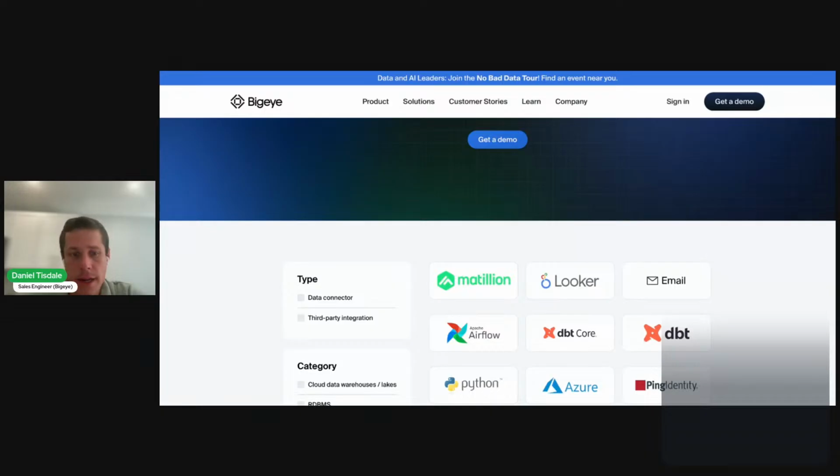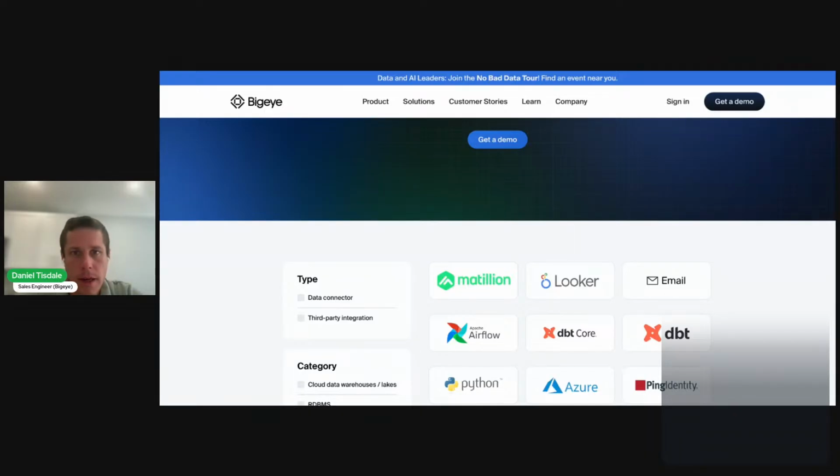So how do you know that your data is secure with Bigeye? So we're SOC 2 Type 2 compliant, ISO 27001. Like I said, there's no record level or individual record data that's stored in Bigeye. It's just aggregated metadata. How long does Bigeye take to set up?